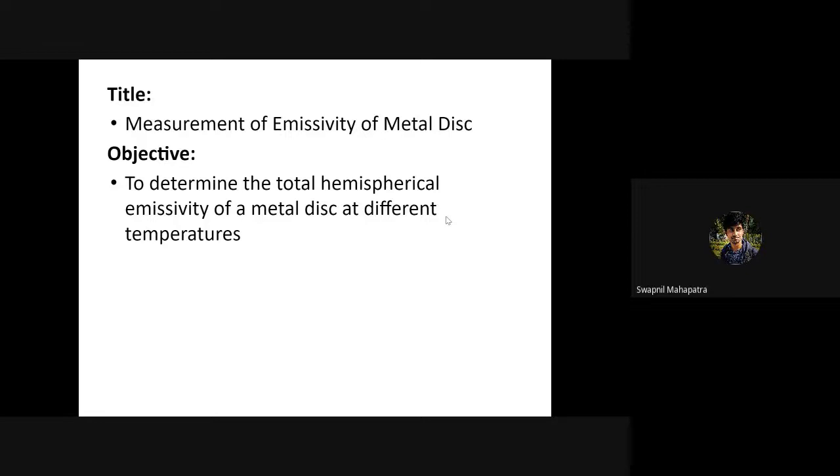So the objective is to determine the total hemispherical emissivity of a metal disc at different temperatures. So actually, the emissivity of a disc is a function of the emissivity of a material. All the radiative properties, emissivity, absorptivity, are actually functions of wavelength and also direction.